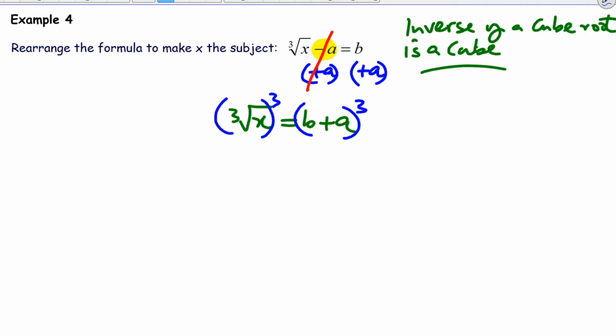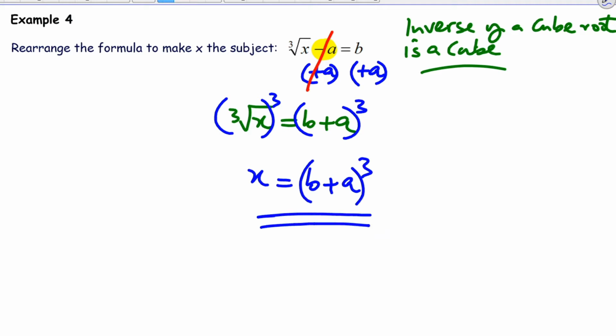So the cube of the cube root of x is just x, okay? Because the cube undoes the cube root. So what you end up with is x is equal to b plus a, cubed. You can also think of it this way, all right? The opposite of cube rooting x is cubing the other side. So x is equal to b plus a, cubed.